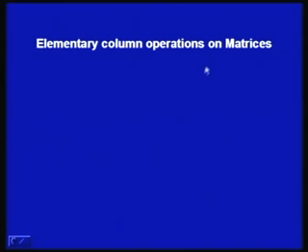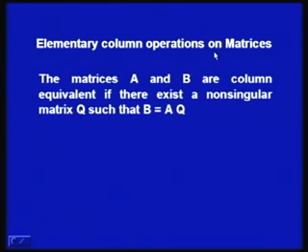So, we can apply elementary column operations on matrices, and one can define the same equivalence relationships. The matrices A and B are column equivalent if there exists a non-singular matrix Q such that B is equal to AQ. Mind here, I am multiplying on the right hand side. For a row operation it was on the left hand side.